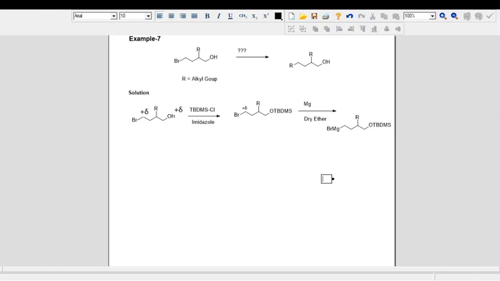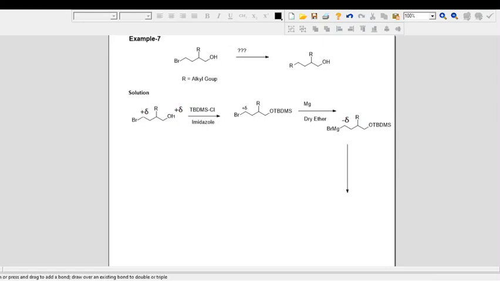The carbon atom of the Grignard reagent is electron rich in nature. Now it could undergo a number of modifications. The first one we are requiring here in example 7 is by incorporation of R group.